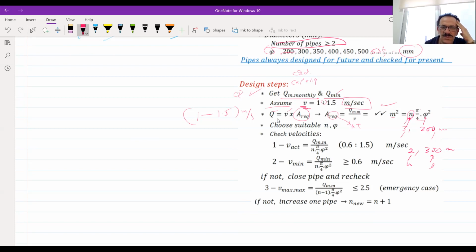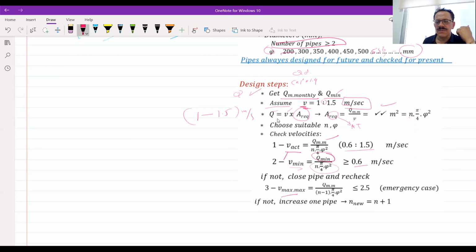How to check the velocities? We have to check the velocity within this procedure. V actual is the Q maximum monthly divided by the total number of the pipes and the area of each pipe, and this should be between 0.6 and 1.5. Minimum velocity means that you have to use the Q minimum here and also the number of the pipes here.